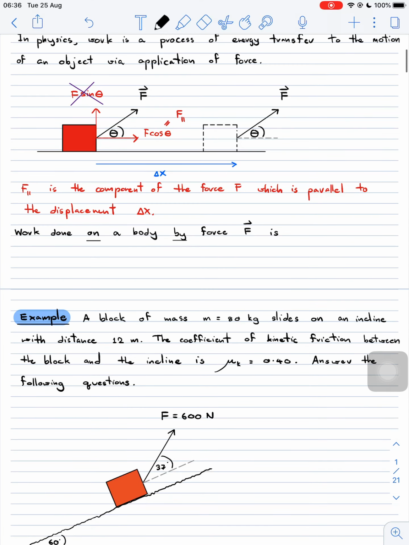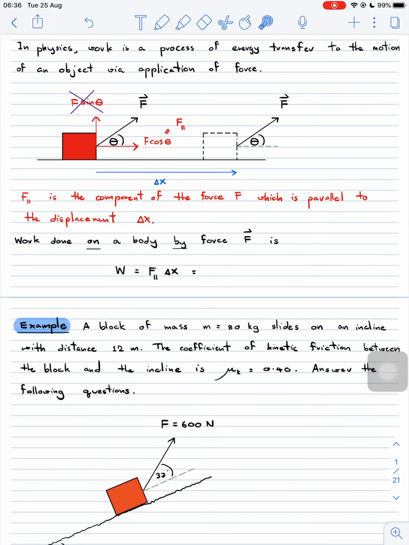We use the symbol W for the work done. It's going to be equal to F parallel, this component, times the displacement delta x.